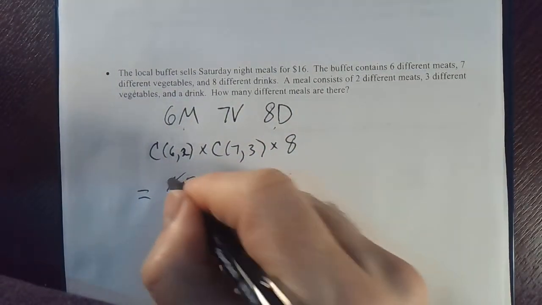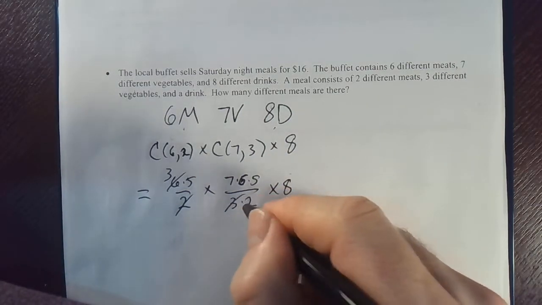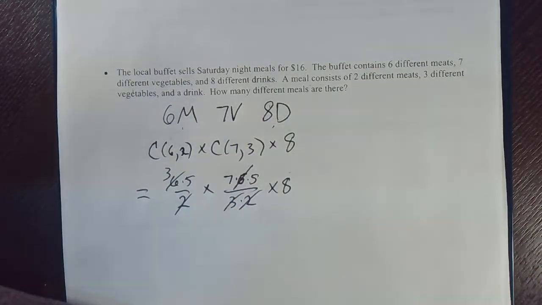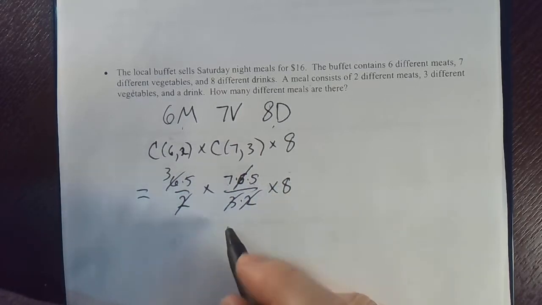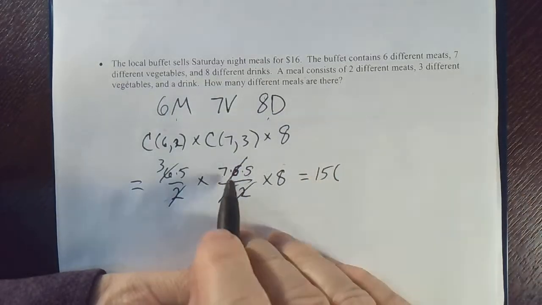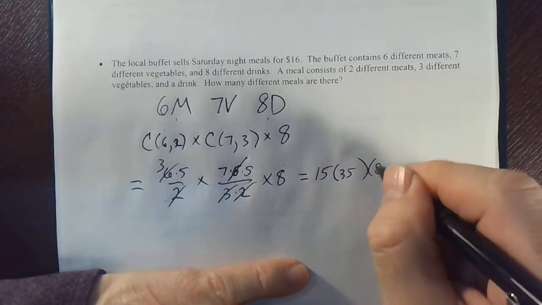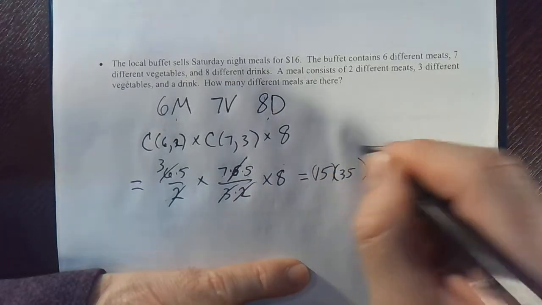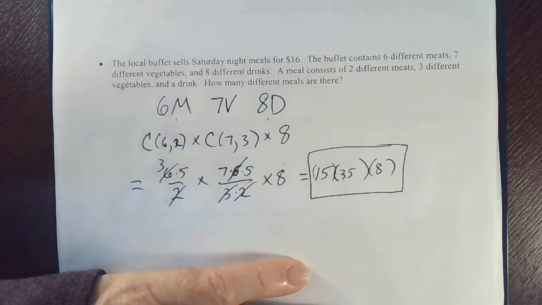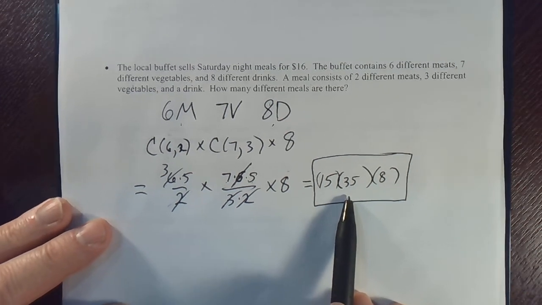All right, so 6 and 2 cancel, leaving a 3 upstairs. 3 times 2 is 6, so I'll just cancel that 6 out, leaving the 7 times 5 times 8. So we get 15 times 35 times 8. And I'm going to leave the answer just like that. That is how many different meals there are. You can multiply it out if you'd like.